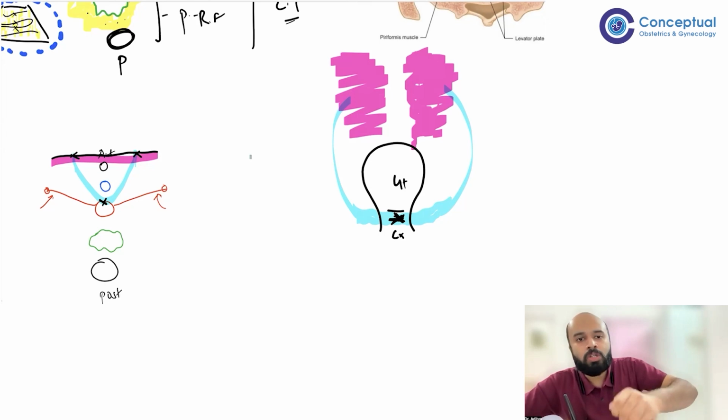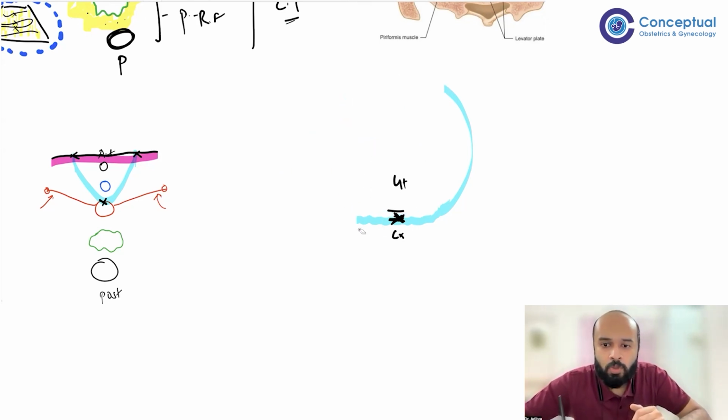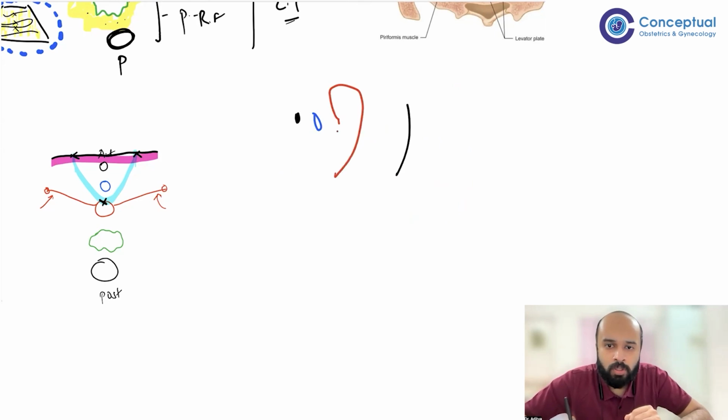This way, the uterus was getting pulled upwards, but there was one small problem that was occurring, and that was the uterine cervix was getting pulled anteriorly. So if I'm now going to see it from a lateral point of view, I'll just erase all of this now. If I have to see this surgery from a lateral point of view, and if this was my pubic symphysis, this was my sacrum, this was my bladder, this was my normal but prolapsed uterus, and the vagina, this is the vagina, this is the cervix, this is the uterus, and over here I have my rectum.